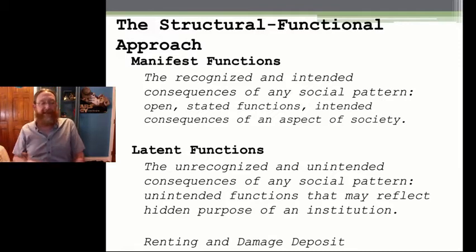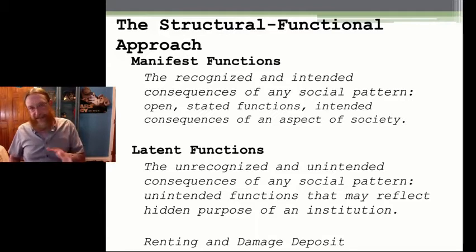So maybe renting and damage deposit. I mean, a lot of times you don't get back your damage deposit. So the manifest function of a damage deposit is to cover their property if you as a renter damage it. If you just put holes in the wall and get the carpet dirty and all that, then they can get their money back at least somewhat.